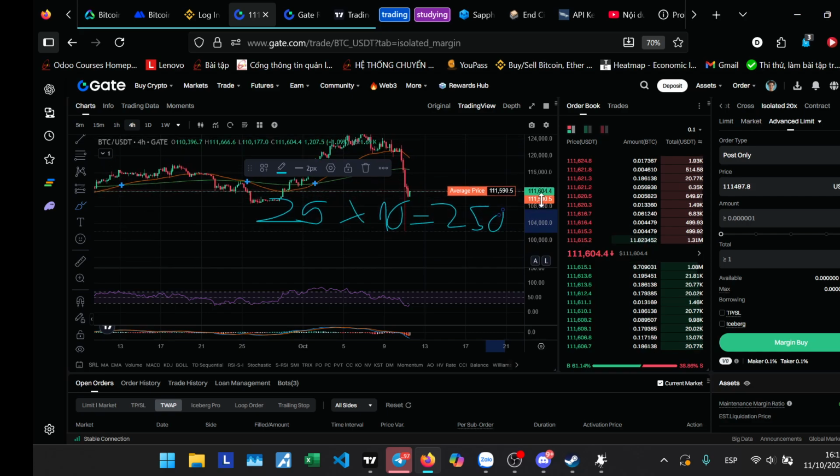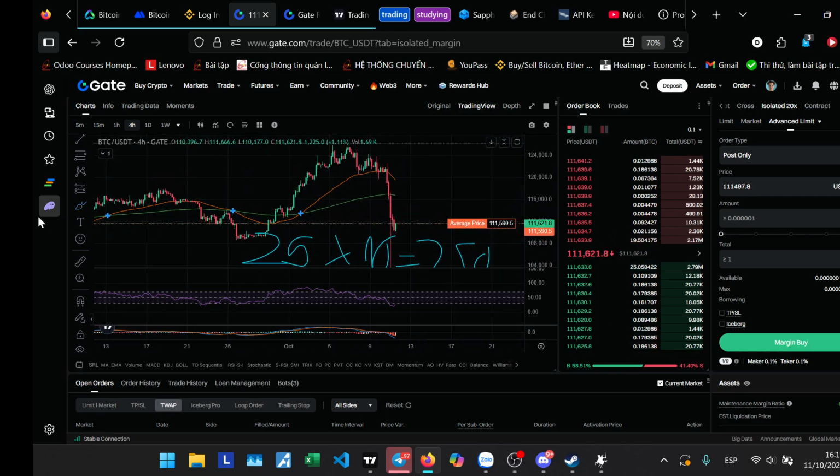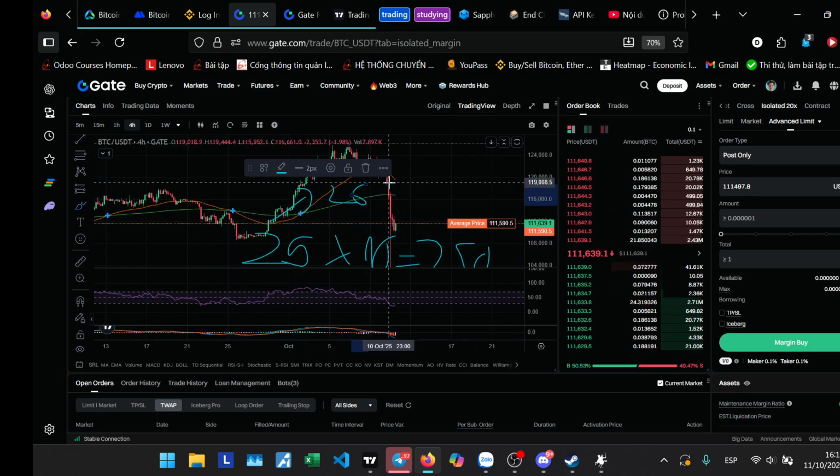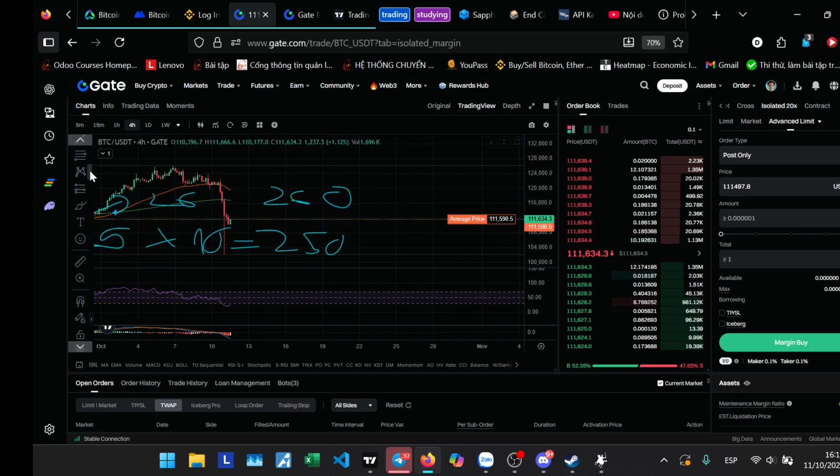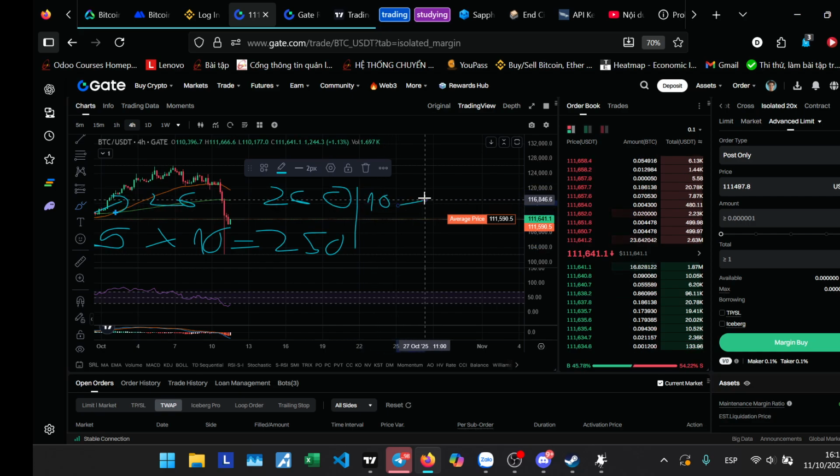Let's say your asset becomes 26, so in 10 you make 260. You have to repay the 250 with interest. So you will have $10 minus the interest.